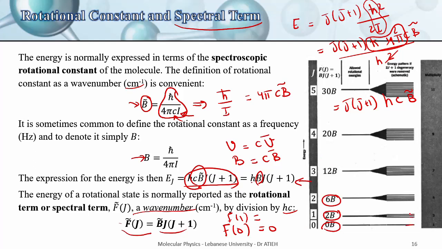These small levels here express the degeneracy of the level. Each one has a degeneracy 2J plus 1. So the first one has a degeneracy 1, the second one 3, the third one has 5, etc. What concerns the difference between energy levels, these two have a difference 2B, the second is 4B, the third is 6B, okay, and so on.